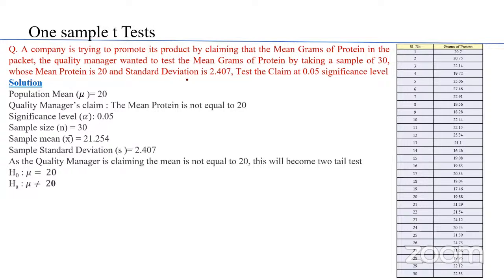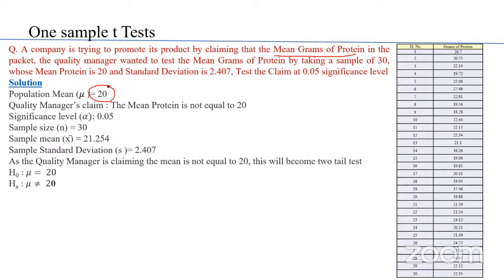Is that fine? Okay. A company is trying to promote its product by claiming that the mean grams of protein in the packet is 20 grams. So the mean is 20 grams.